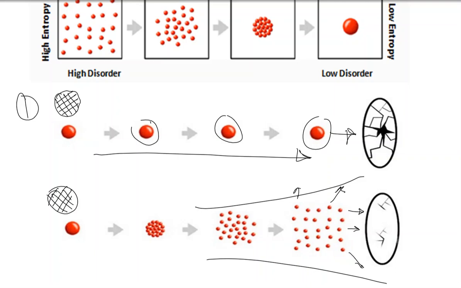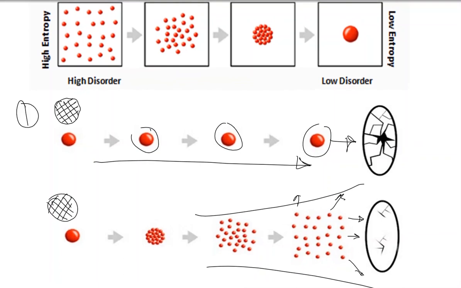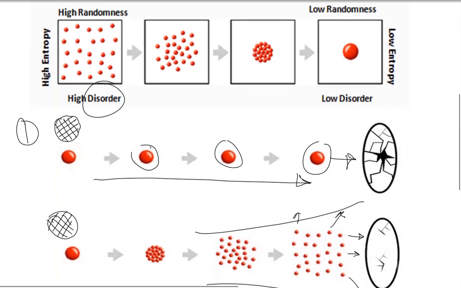But what happened in the second example? Now the marbles are disordered, they are randomized. So the energy is now disordered, randomized, and scattered.